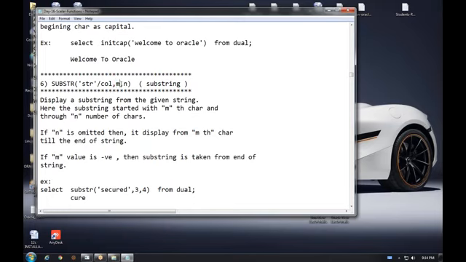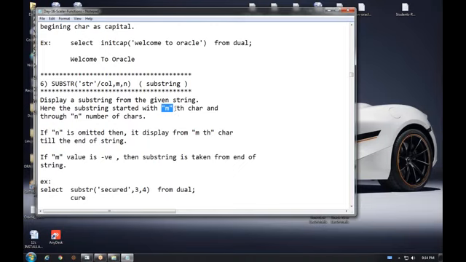Again I am repeating, M indicates from which position you want to take the data. Suppose you want to take from the first character, M value is 1. If you want to take from the fifth character, M value is 5.